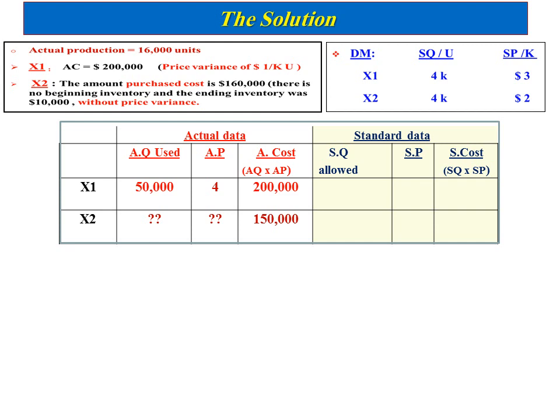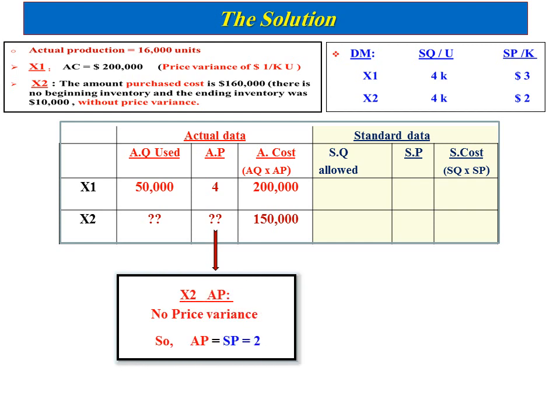I need one of the two. If I can calculate actual price, I can get actual quantity like X1. Here, without price variance for X2, very simple. What do we mean by without price variance? It means the actual price equals the standard price.